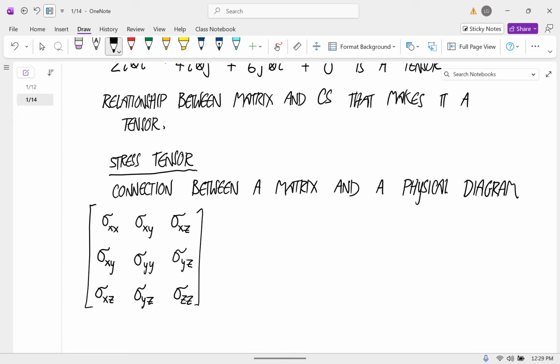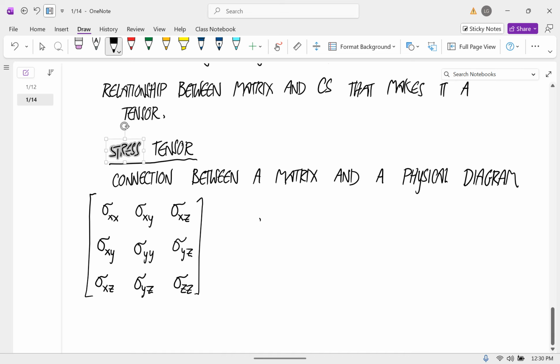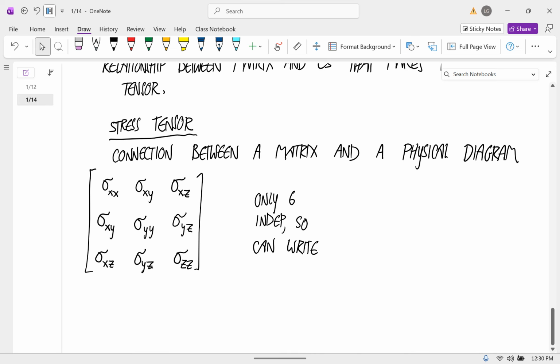And notice there's 9 elements in there, but only 6 of them are independent. We repeated 3 of them. And so we can write it as just a list of 6 elements.